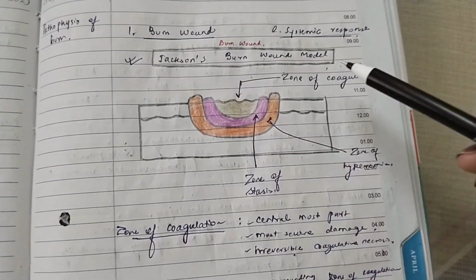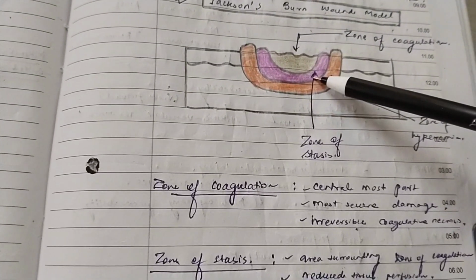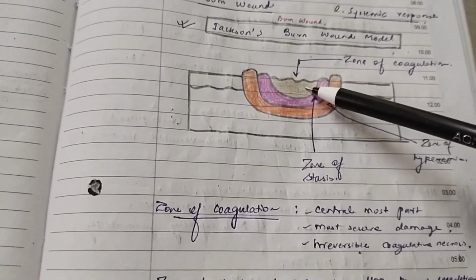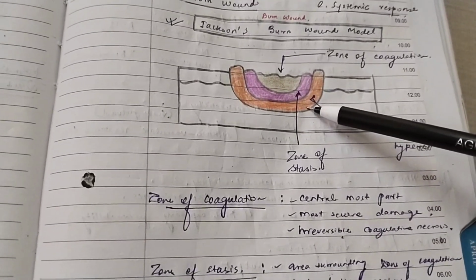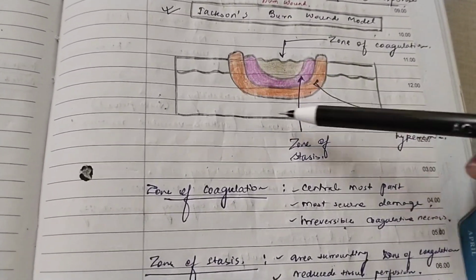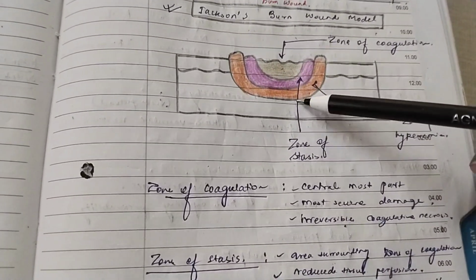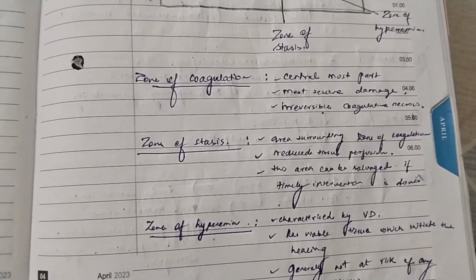After that, there is a zone of hyperemia, and then there is a zone of stasis. So basically coagulation, stasis, hyperemia. Okay, and this is a burn wound that you can see. Coagulation, stasis, hyperemia. Now, let us study about these zones in detail.